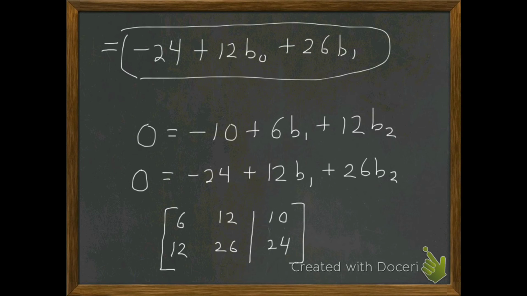So we have 6, 12, and 10. Then we have 12, 26, and 24. And apparently I've messed up again.